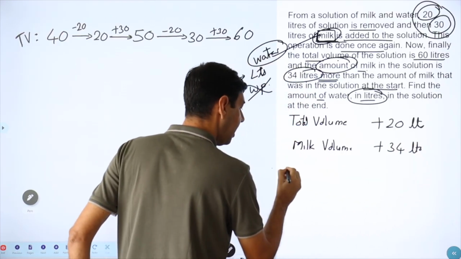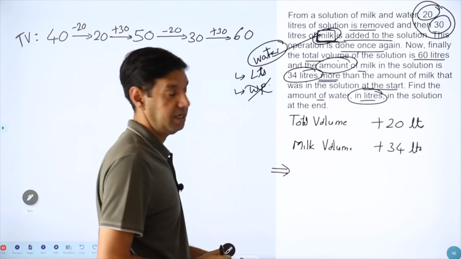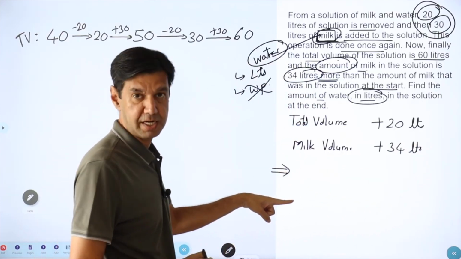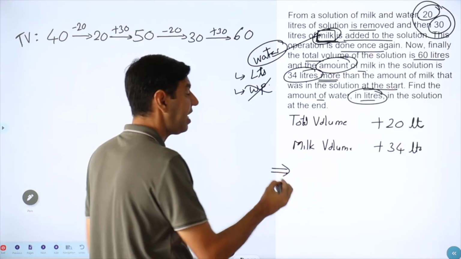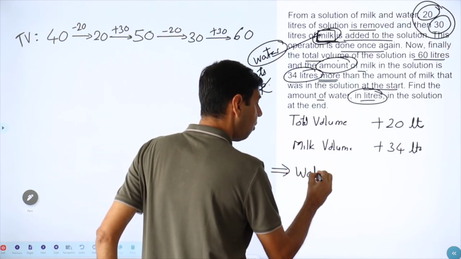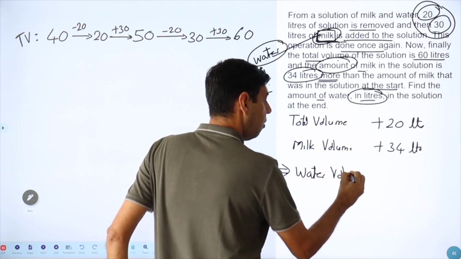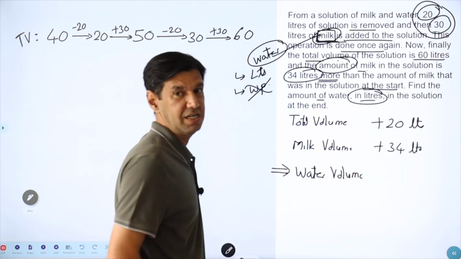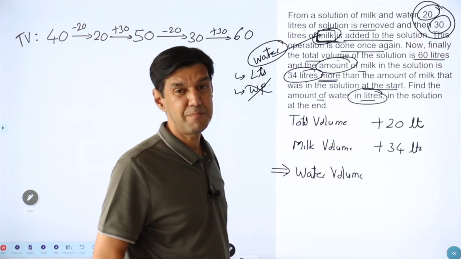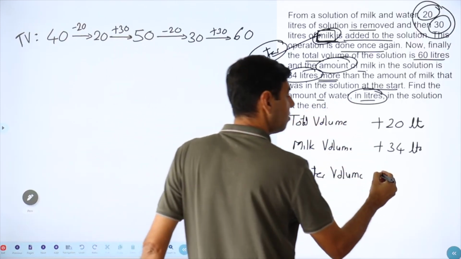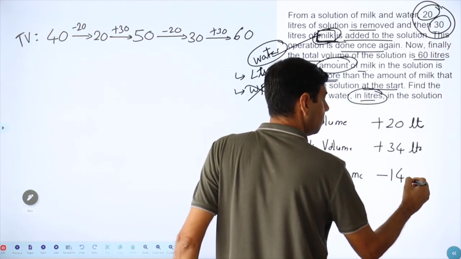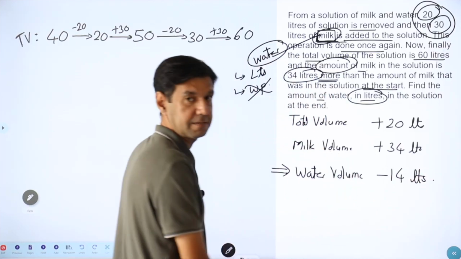And now you should again be very comfortable here coming to the conclusion, and these are those important points, students, of logic, is the water volume. What would have happened? Think about it. It's not very difficult. You can take numbers also if you want. Take any numbers, then take any variables. You'll realize the total volume has to reduce by 14 liters.